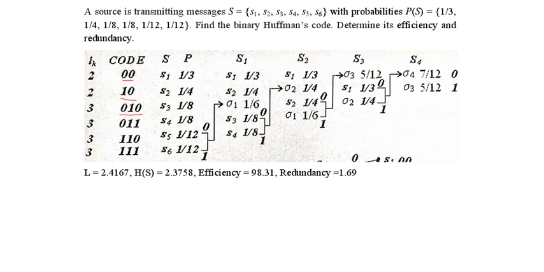So this 1/8 is S4. This chain is starting from here, 1/4, like this. So 0 1 1 is the code word corresponding to S4. You just need to trace first from left to right, then read those binary numbers from right to left. That is how we determine the code word for each symbol.